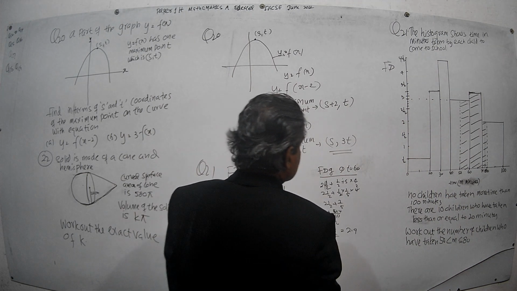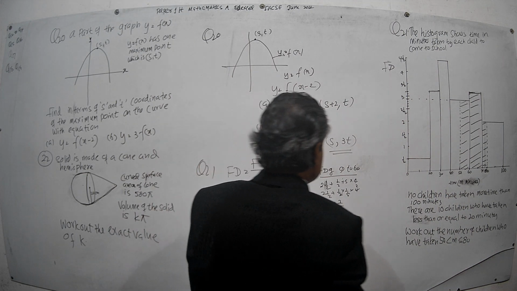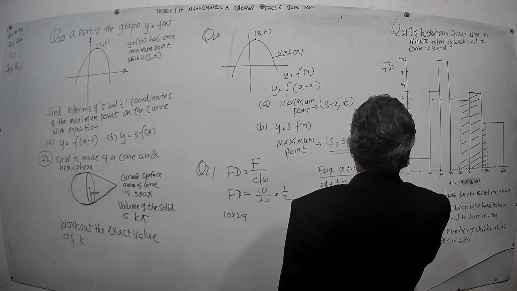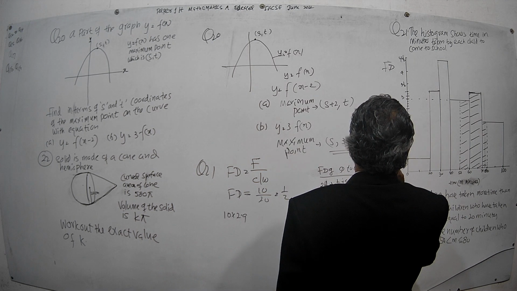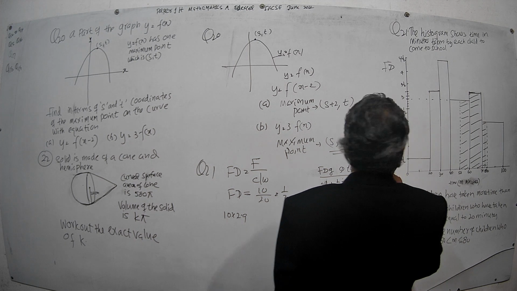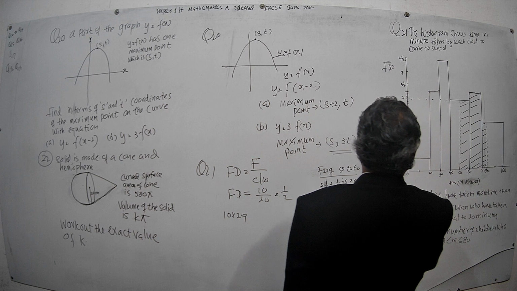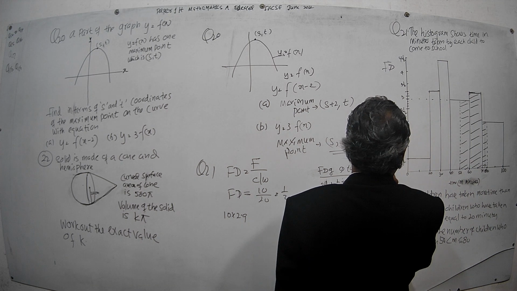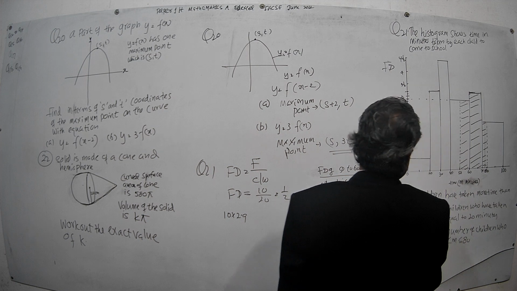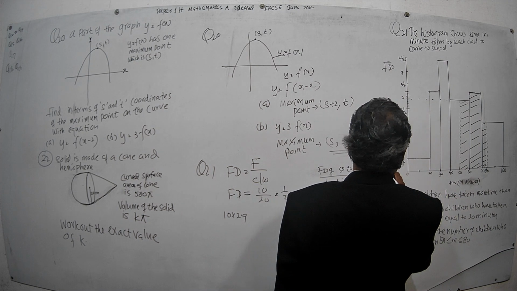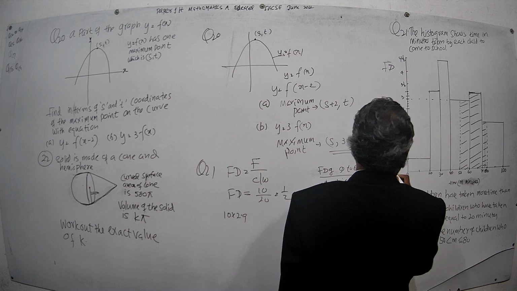Then we will find the FD of what? 60 to 75. Okay.